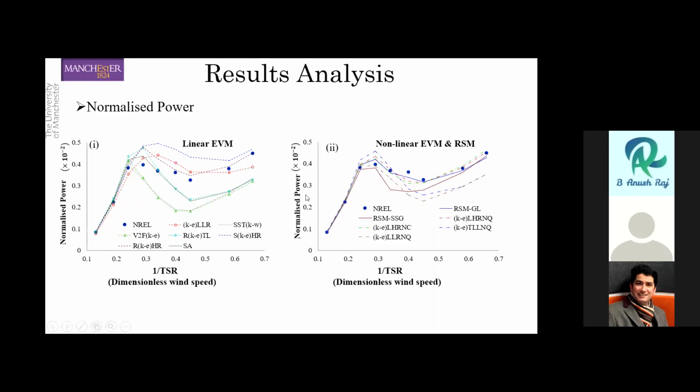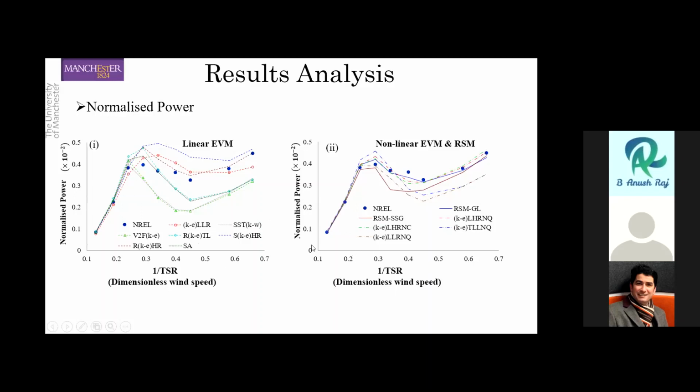As we can see here, the turbulence linear eddy viscosity models have been added to the one on the left here, and those of nonlinear and Reynolds stress transport models have been added to those on the right.